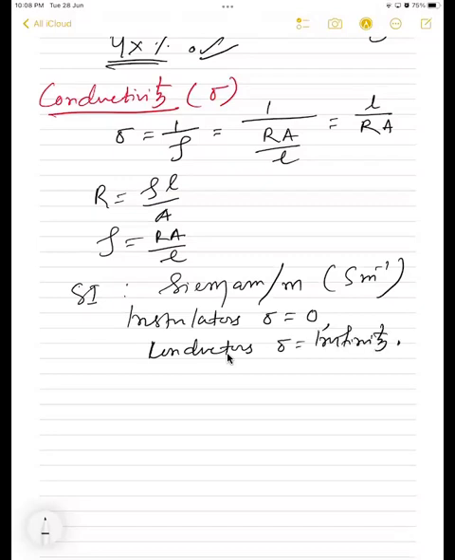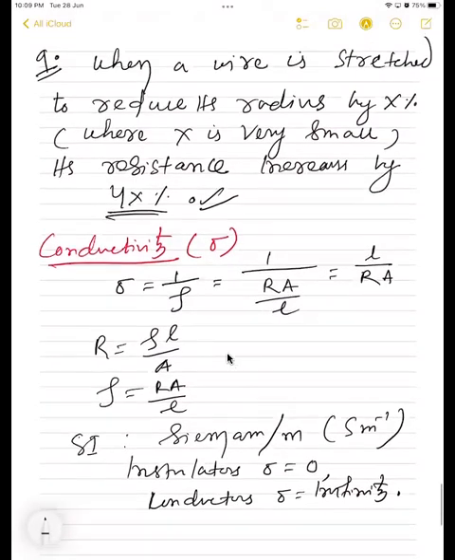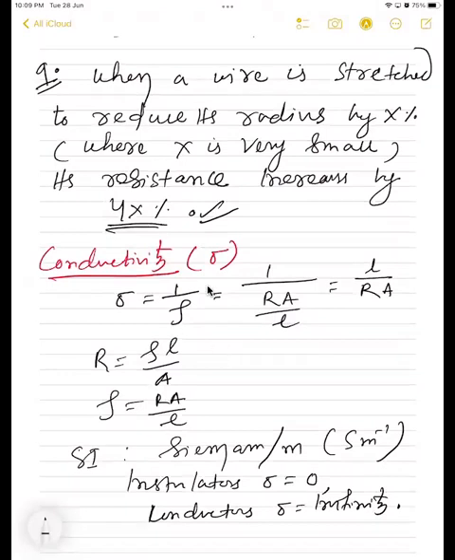Getting, students? Next, another thing, the temperature dependence of resistance, that we'll see in the next class. So this much for today.